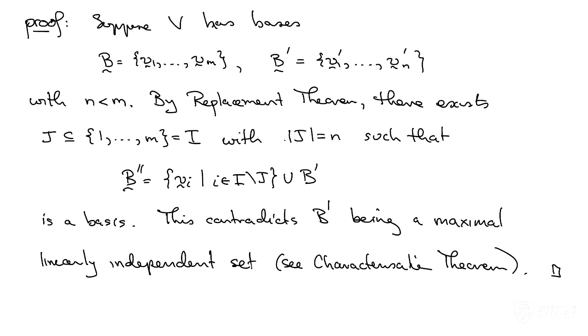Okay, great. So that's out of the way. So all bases of finitely generated vector spaces have the same number of elements.